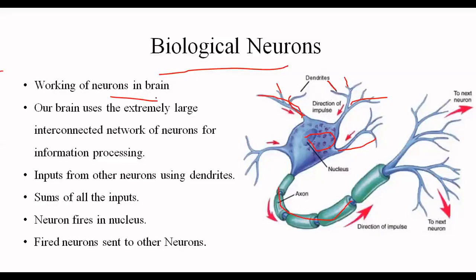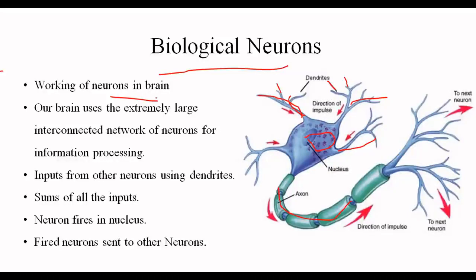And trust me, this process takes a very small amount of time, even smaller than a microsecond or a millisecond. This process is done in our brain, and it is a totally chemical process of our human brain. So hope you got how our biological brain or biological neuron works.